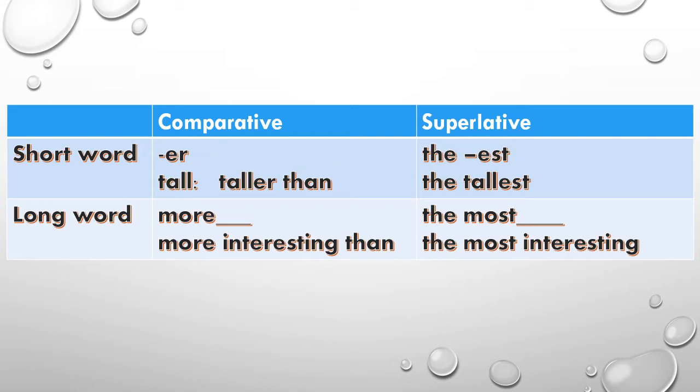So, interesting, if we want to compare two things, I say this film is more interesting than the one that we watched last week, for example. So here we compare two films or two movies, we say more interesting than. Now, if we want to compare one thing to a group of things, I mean to use the superlative form, we use the most. So interesting becomes the most interesting.